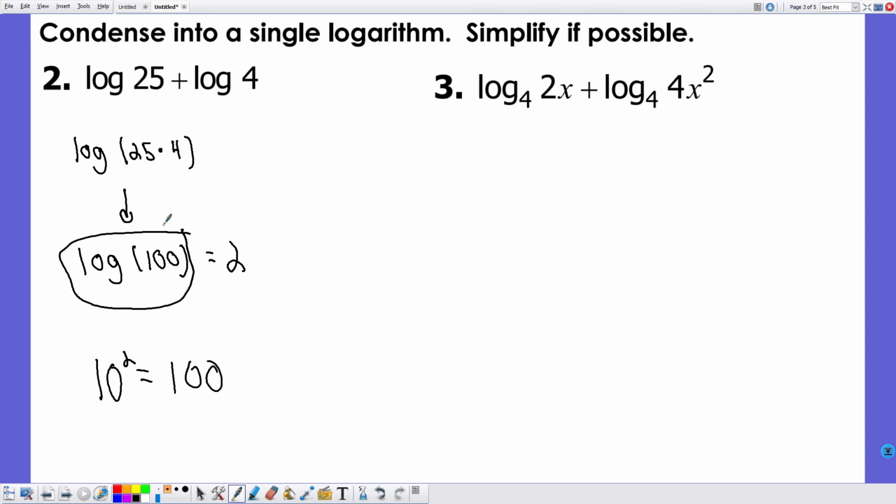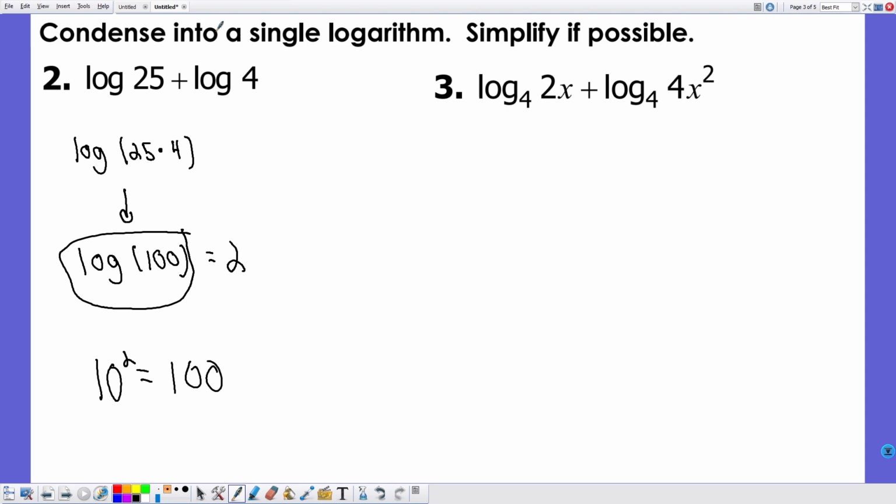But I did want to demonstrate how it can make finding the answer easier, if you were to evaluate it. Because looking at log of 25 and log of 4, finding what those two would be equal to, base 10, would be kind of like a nightmare. Not really, but it would be annoying.